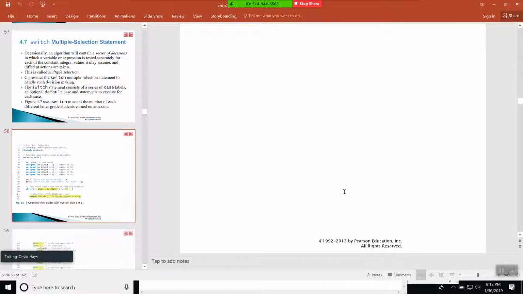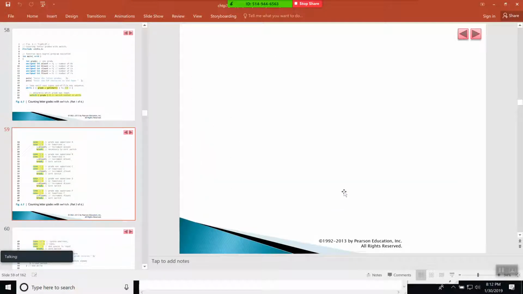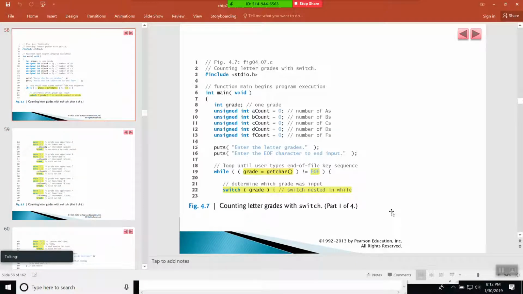Okay, the switch statement. Enter the letter grade, enter the end of file character to end input.